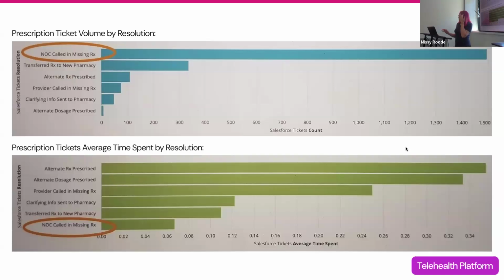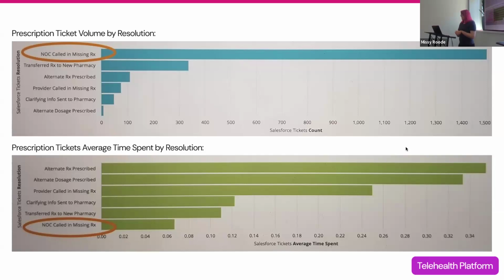So an example that I have here is from a telehealth platform support, and they had some resolutions, which is how they sorted their ticket types. And the resolution here was they called in a missing prescription. What you can see is there's kind of an inverse relationship here. Calling in a missing prescription is by far the most frequent issue that people experience, but it takes very little time to resolve compared to everything else.